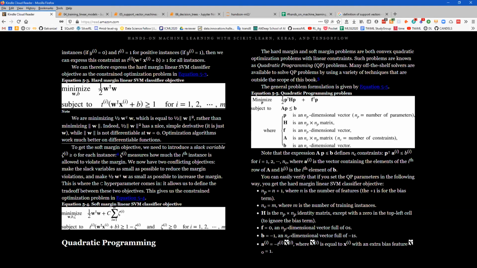If you allow lots of margin violations, then you're allowing a very sloppy solution, and so that's regularizing, right? So I guess in this case, less regularization would be more variance, and more variance actually means a narrow street rather than a wider street.